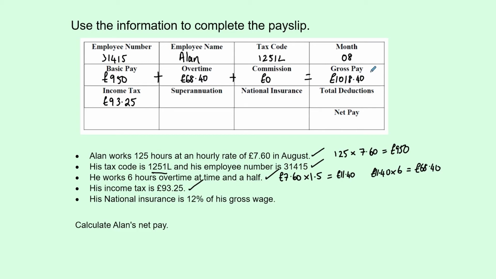Now, his national insurance payment is going to be 12% of that. So that's 0.12 times that amount. Just type that into the calculator and we get, rounded to 2 decimal places, £122.21 as his national insurance contribution.